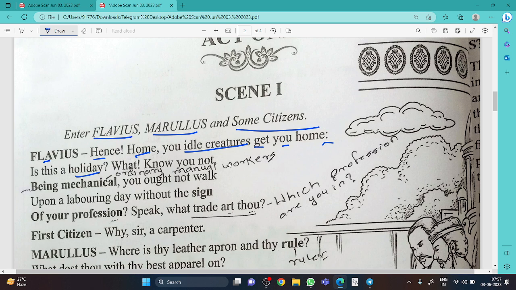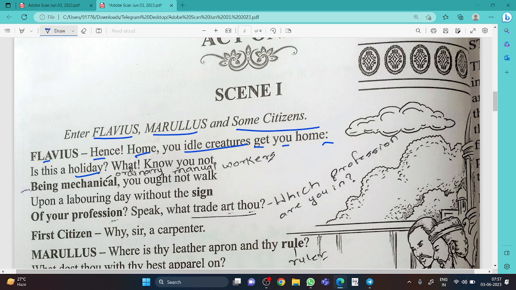Actually, do you know what happened, beta? Because of the growing power of Julius Caesar, Julius Caesar defeated the sons of Pompey. The scene is set in a street of Rome, and the working people of Rome have gathered there in order to celebrate Julius Caesar's victory.